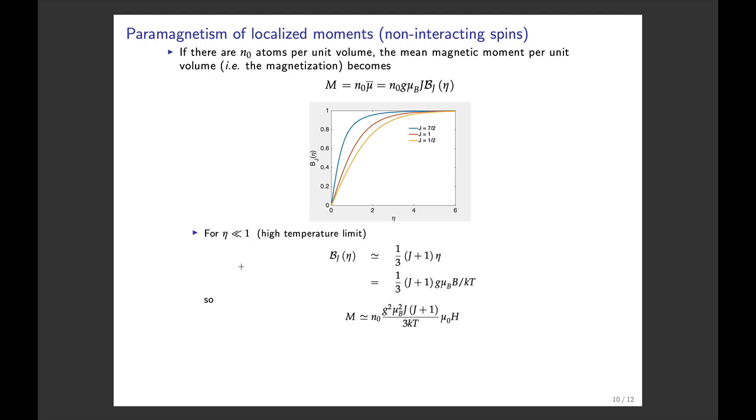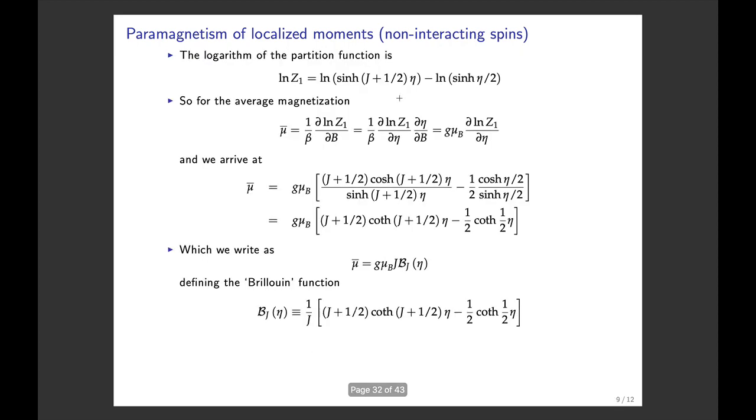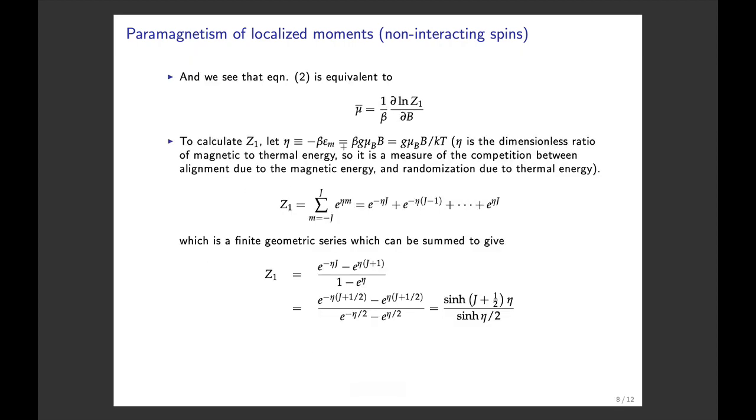And you can do this mathematically. So for small eta, that is the high temperature limit, the magnetic energy is much smaller than the thermal energy. The temperature is high, kBT is large compared to the magnetic energy, which is g mu B times B. What was the magnetic energy? Let's go back to that. I should have written it on that page.